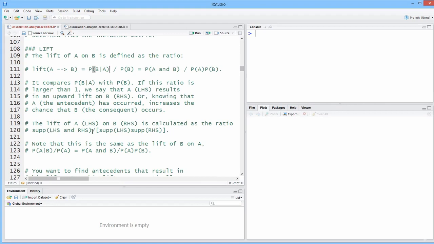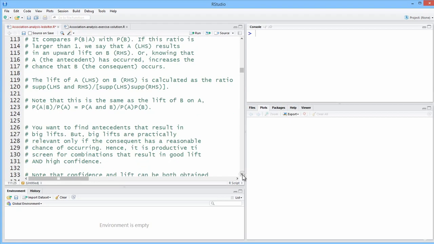It's the support. Now we can skip all this. Remember, support is just the number of transactions in which the left-hand side and the right-hand side both occur. So lift can be calculated manually as the ratio between the number of transactions in which the left and the right both occur, divided by the number in which the left occurs times the number in which the right occurs.